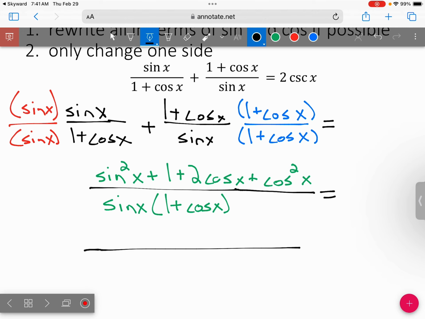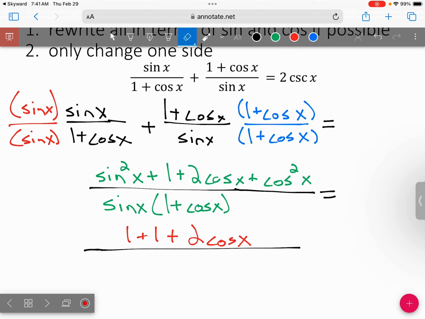What's sine squared plus cosine squared? 1. That's one of our identities you need to know. Sine squared plus cosine squared is 1. It's okay that they aren't next to each other. As long as it's all addition, you can flip the order. So now we have 1 plus 1 plus 2 cosine x in our numerator.